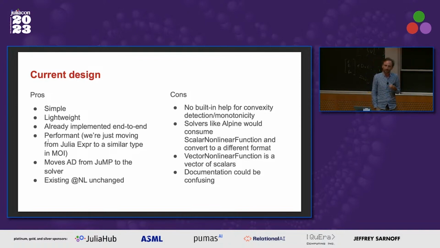The downside to this is that for a while there could be two ways of writing down nonlinear expressions in JuMP. If you write the @NL, you'll get the old way, and if you write the new way, you'll get the new way. And that could be confusing in the documentation or online if people are looking at old tutorials that use the old syntax, and we're trying to suggest the new syntax, and there are some very subtle differences between the two. So we need to think about that transition if or when we merge the new work.